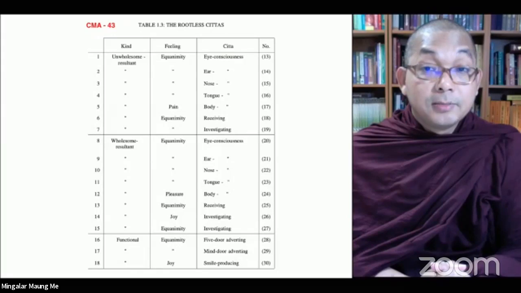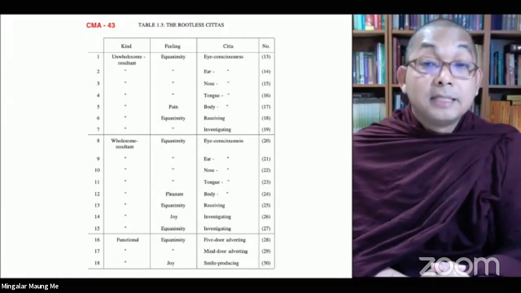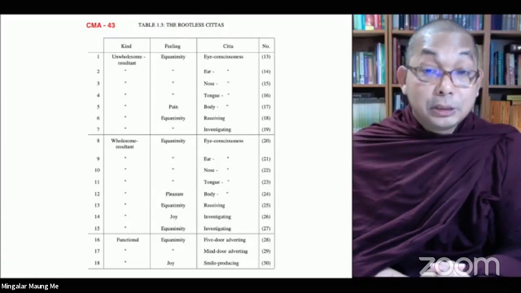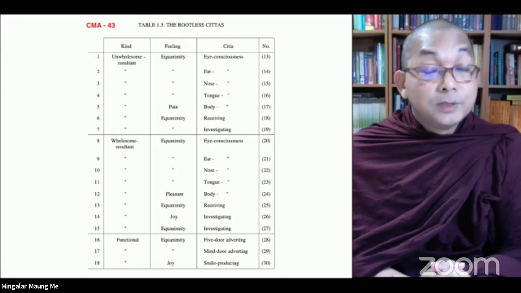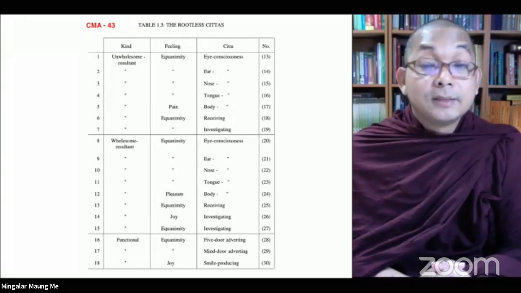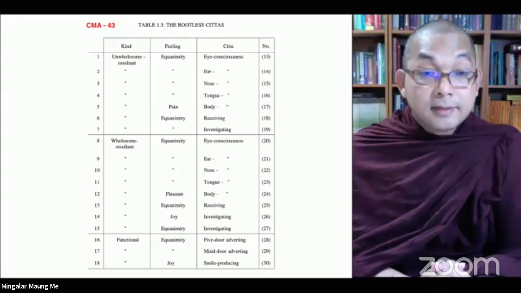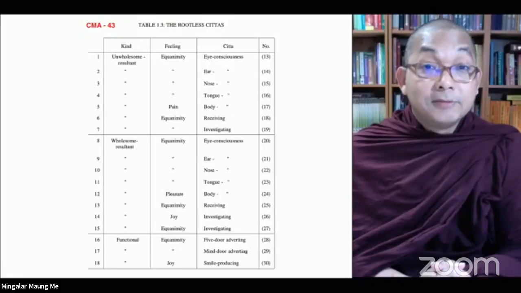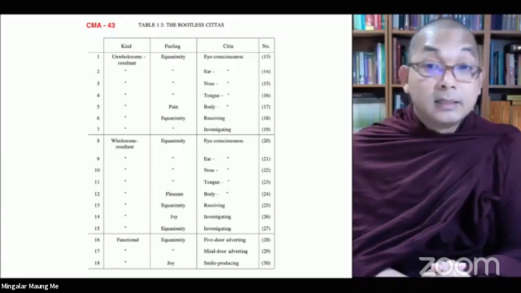Regarding body consciousness, when you experience pleasant things with your body, pleasure feeling will arise. When your mind is investigating extremely desirable objects, then you will have joy feeling. The rest are equanimity feeling.